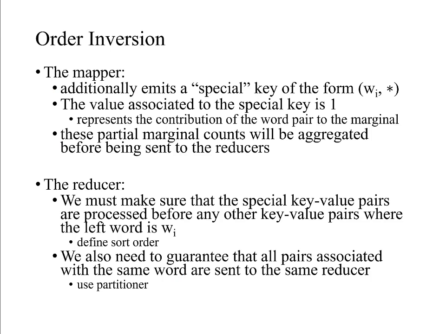So basically, the mapper additionally emits a special key of the form (wi, *), where wi is the term and star is the special key.